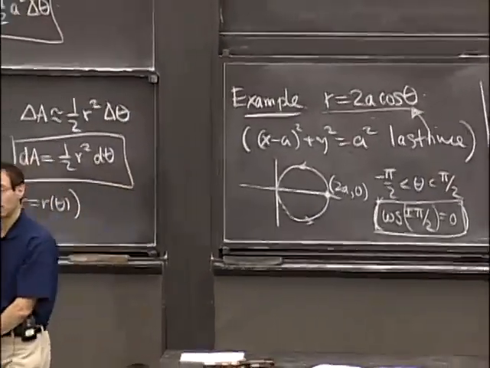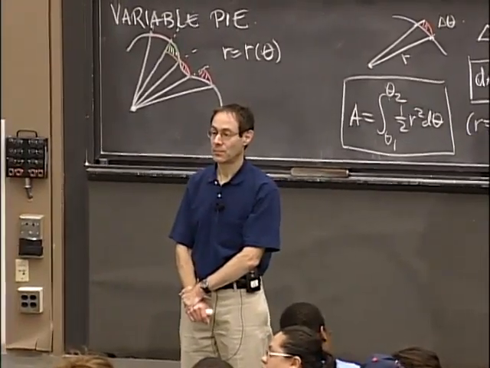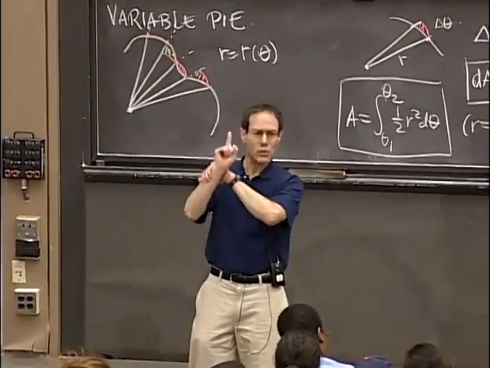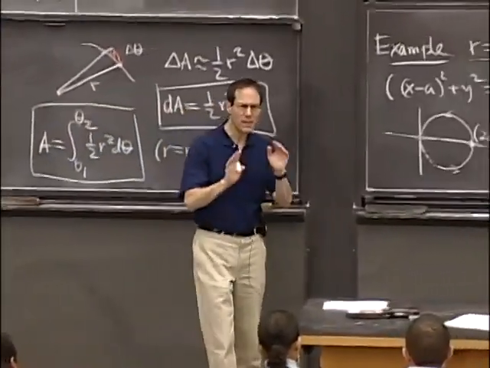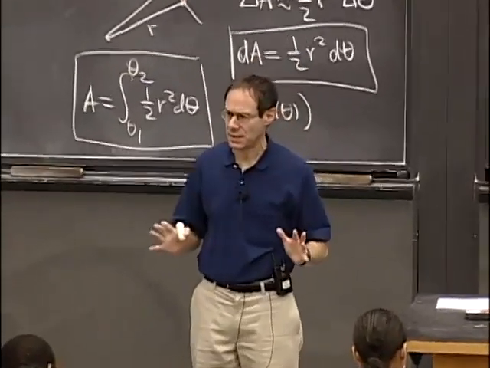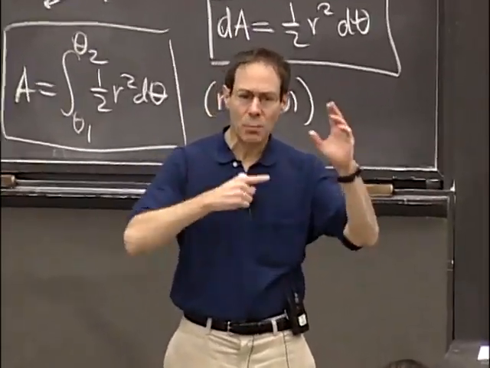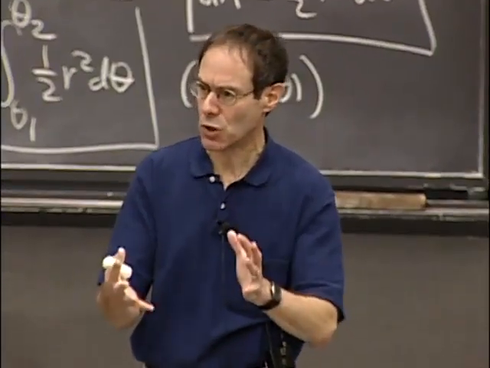Another question. When we're doing these, should we just guess that it's going to be a loop? I'm probably going to give you some clues as to what's going on because it's very hard to figure these things out. Sometimes it'll be bounded by one curve and another curve, and I'll say it's the thing in between those two curves.